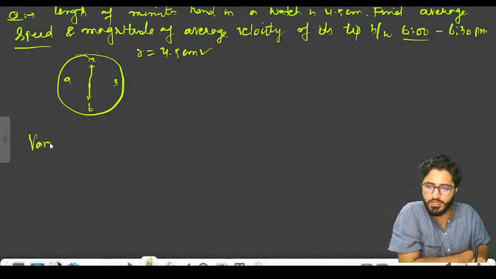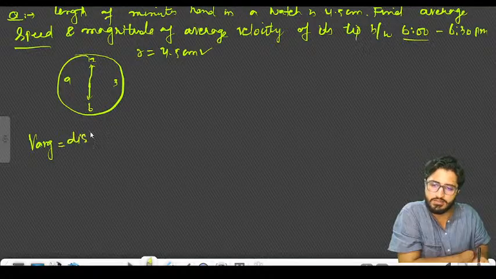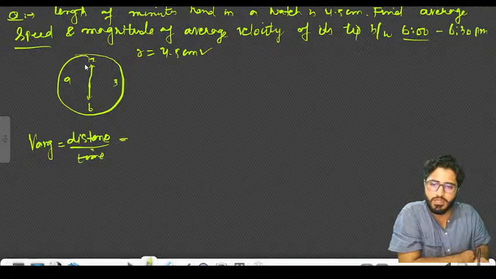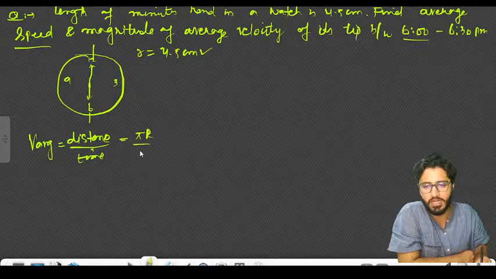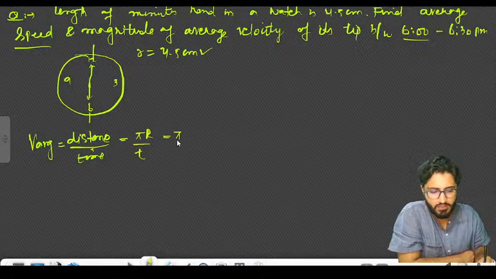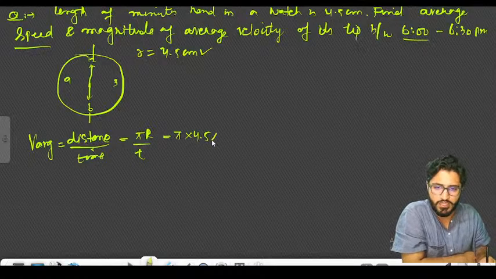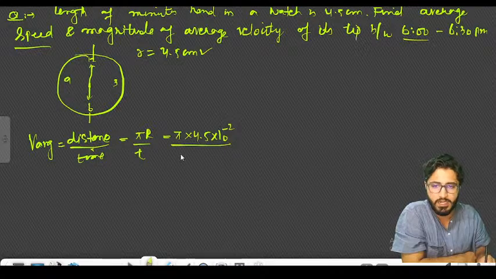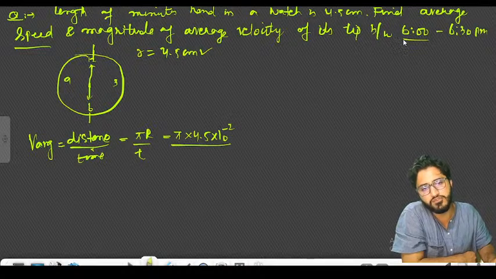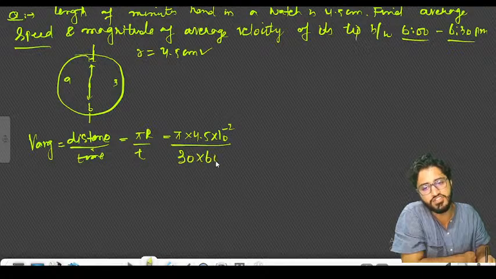For average speed, it is distance by time. Distance would be from this part to this part, it is a semicircular path, that is pi r. Time is t. R is 4.5 centimeter, 4.5 into 10 to the power minus 2 meter. And what is the time? The minute hand takes 30 minutes to go from 6 to 6:30. In 1 minute, we are having 60 seconds.